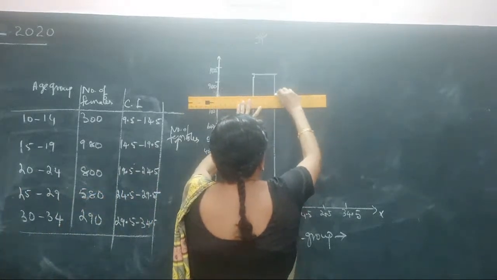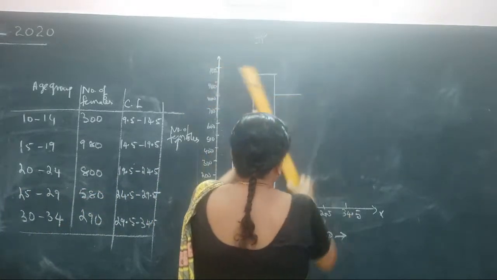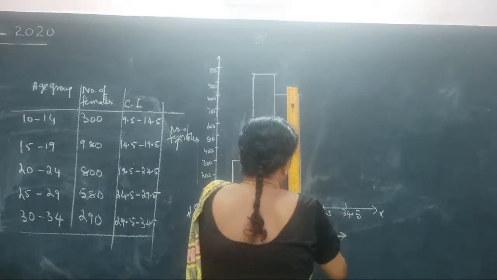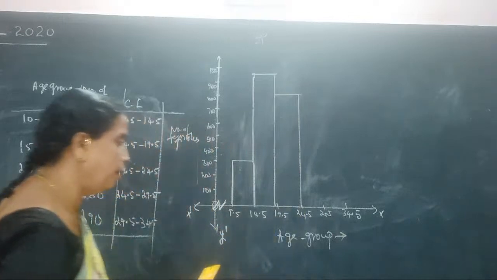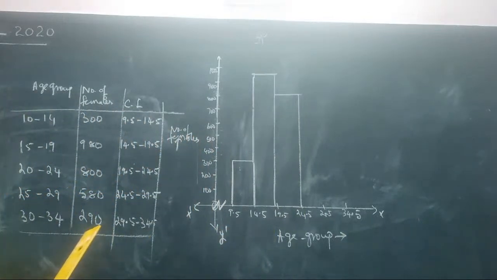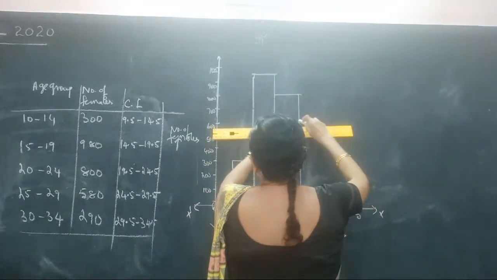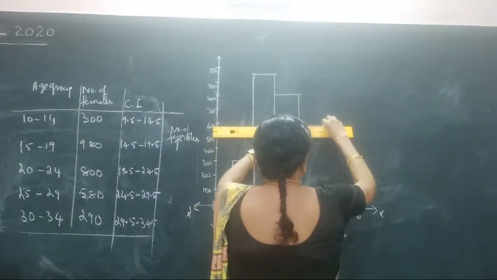So get the 800, join using scale and pencil like this, 19.5 to 24.5. Then here comes 580, 2 divisions below 600, 580.